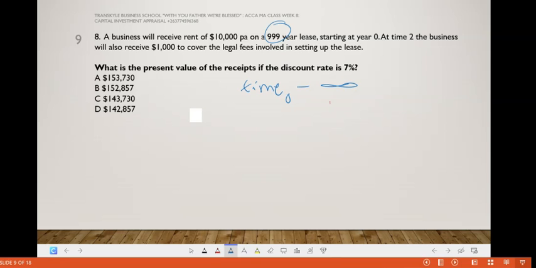So in that case, we need to determine the value in terms of the perpetuity factor. We need the perpetuity factor which is modified.